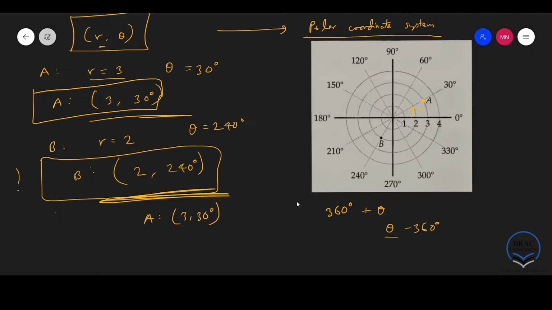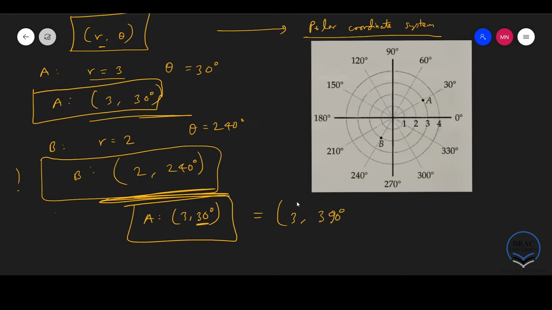If this is 30 degrees, I can add another 360 degrees and I will come back to this point. So for my point A, we have found that the polar coordinates are (3, 30 degrees), but we can also have (3, 390 degrees).